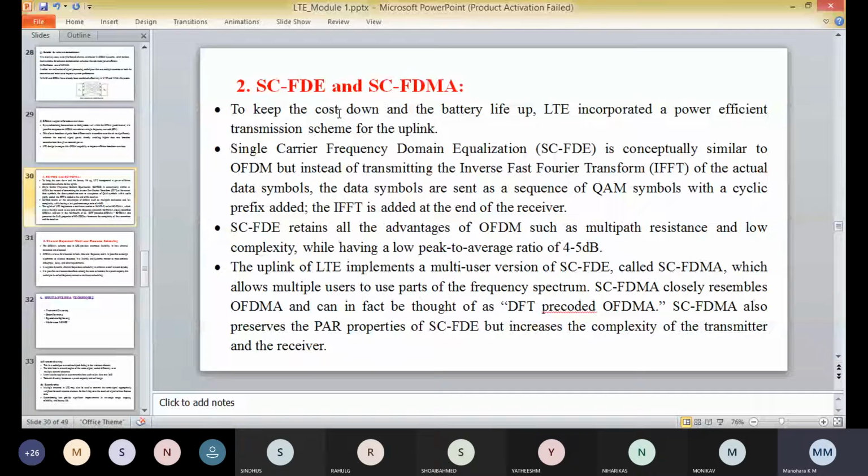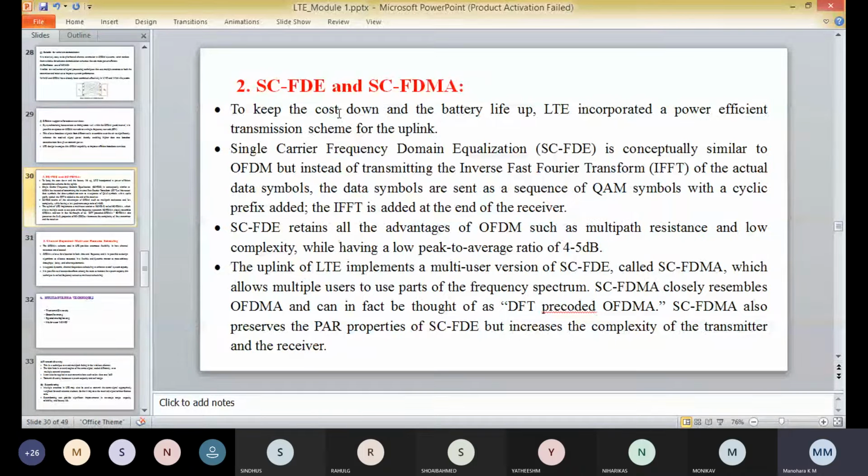The uplink of the LTE implements a multi-user version of SCFDE, called SCFDMA, which allows multiple users to use a part of the frequency spectrum.